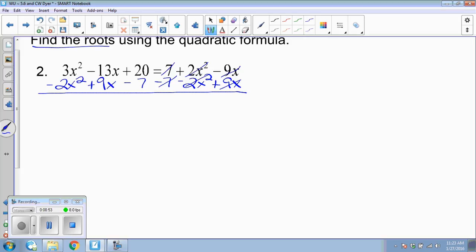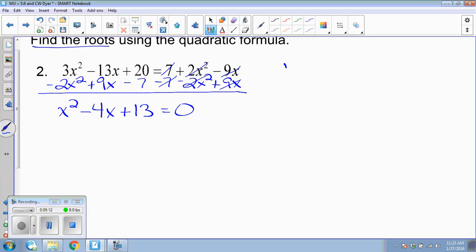All right. So then I have x squared, 13 minus 9 is minus 4. 20 minus 7 is 13, equals 0.